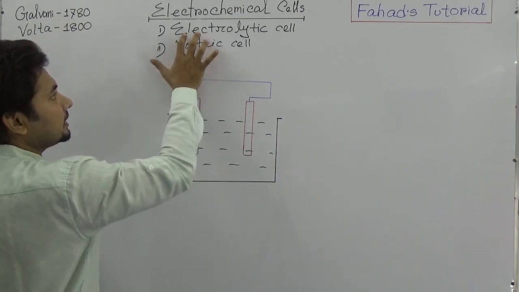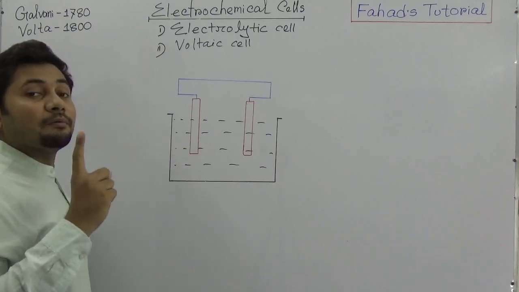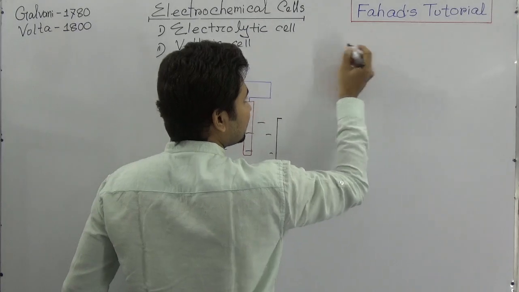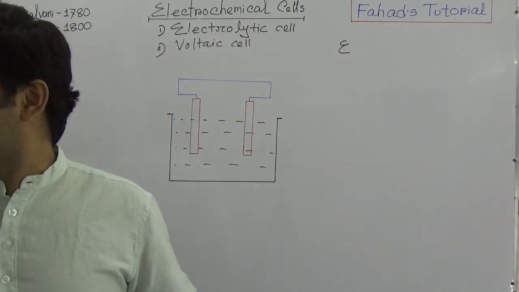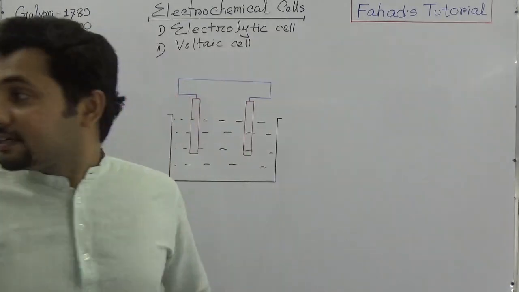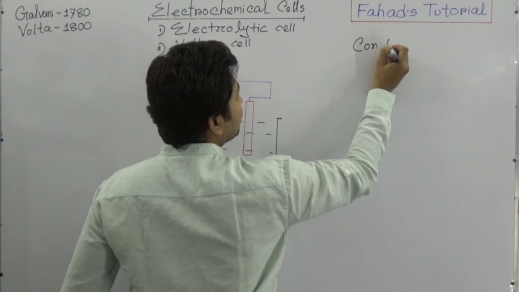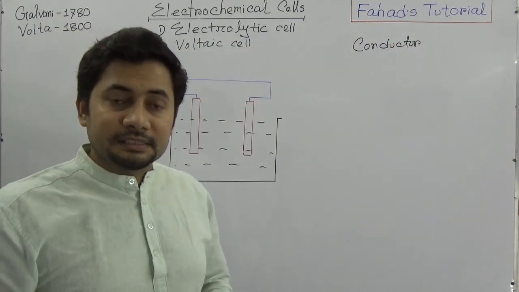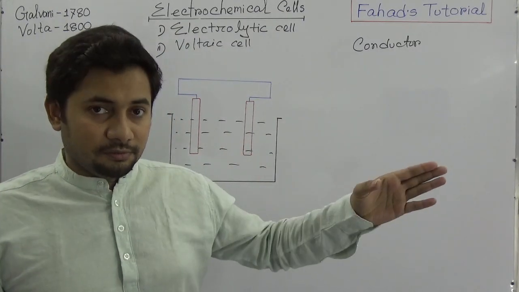Now, in electrolytic and voltaic cells, before going to explain them, we need to study one thing, which is conductor. First, what is a conductor? Conductor means a substance that allows electricity to pass through.